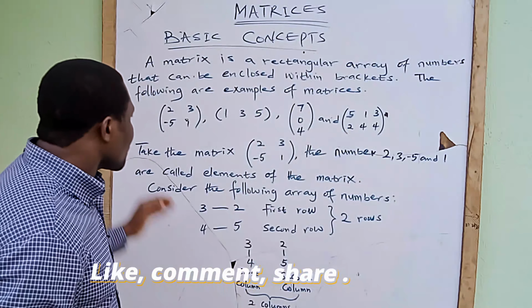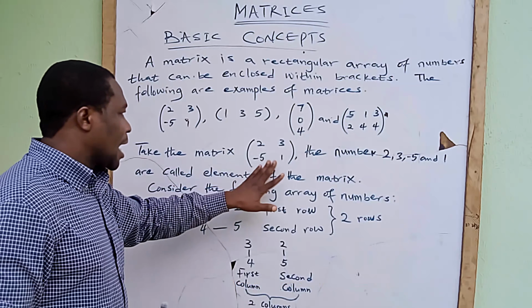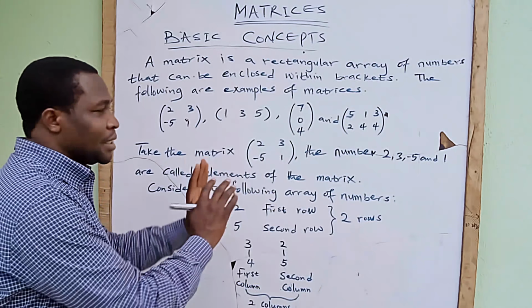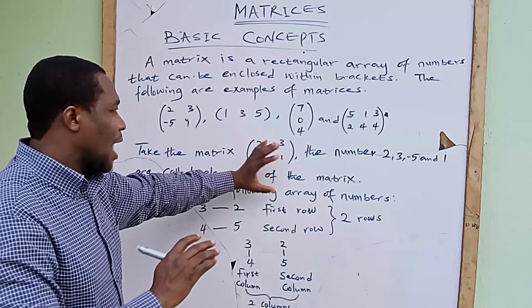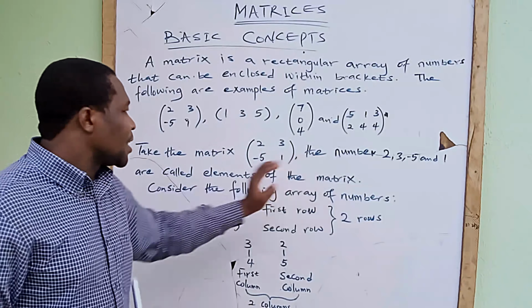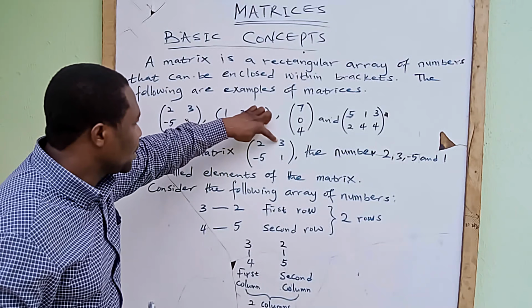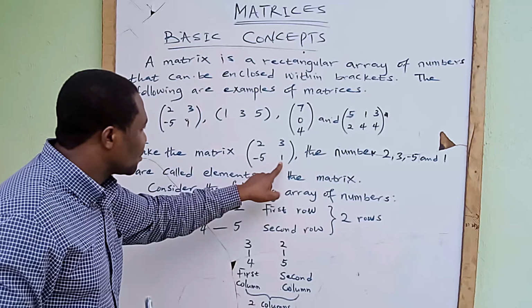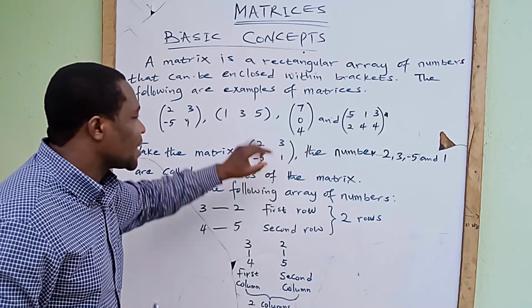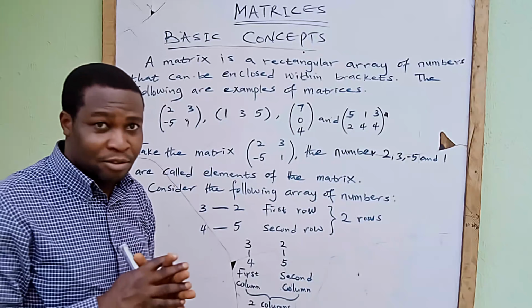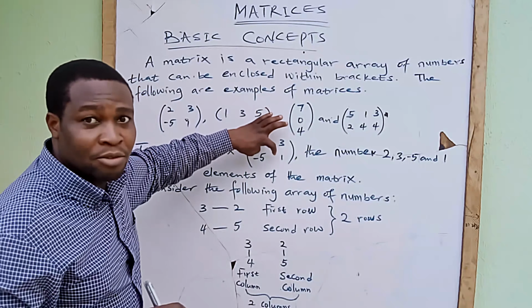Now, let's take this as an example and see the meaning of this structure. The numbers 2, 3, minus 5, and 1, these numbers are called the elements of the matrix.